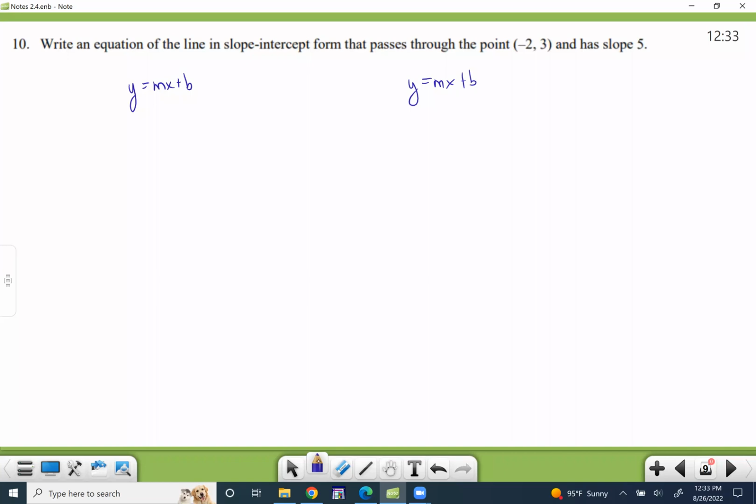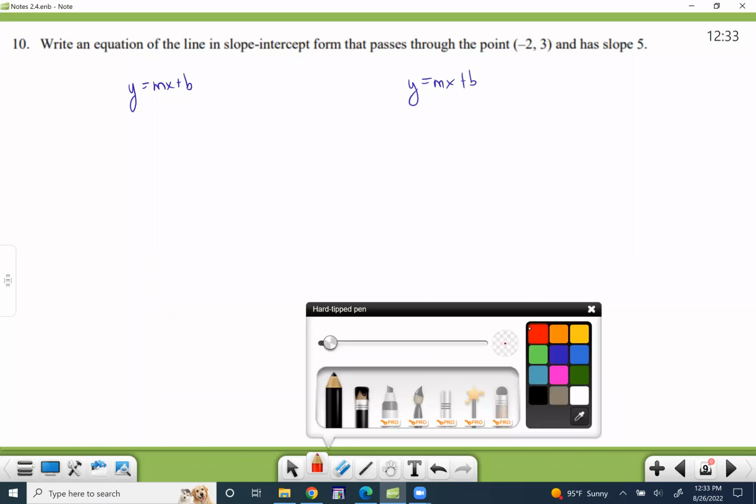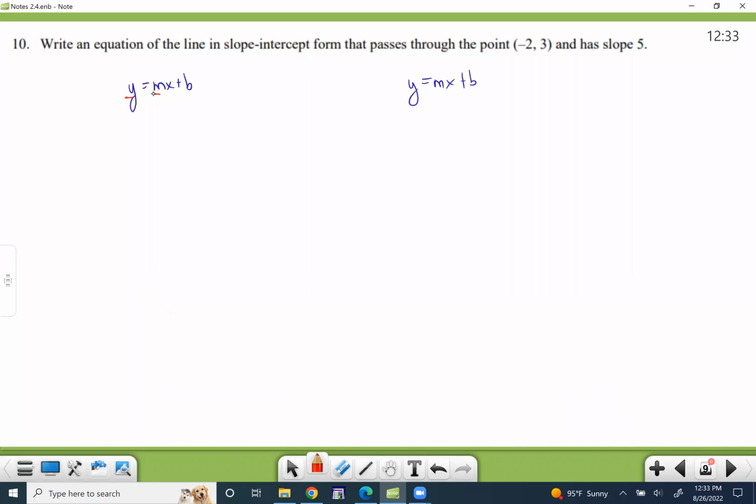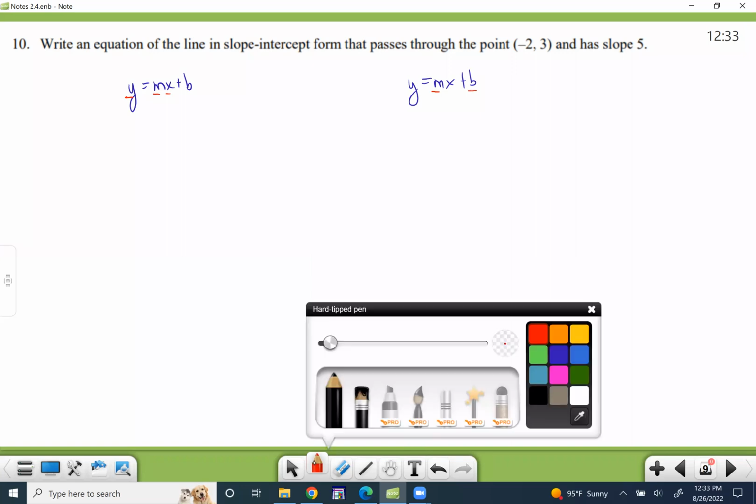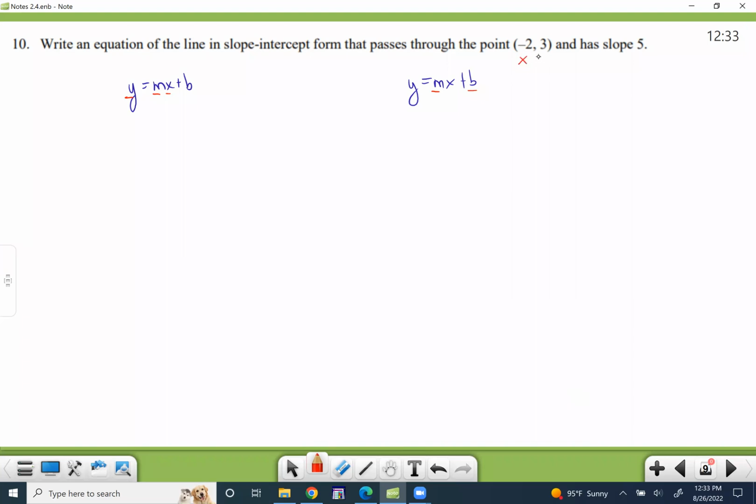The first time, you're going to substitute in these pieces. The next time, you're only going to substitute in those two variables, okay? So let's go ahead and label stuff up here. We know this is the x and this is the y. I'm not going to subscript them because there's only one point up here, right? So no need to subscript. And we know that the slope is m.